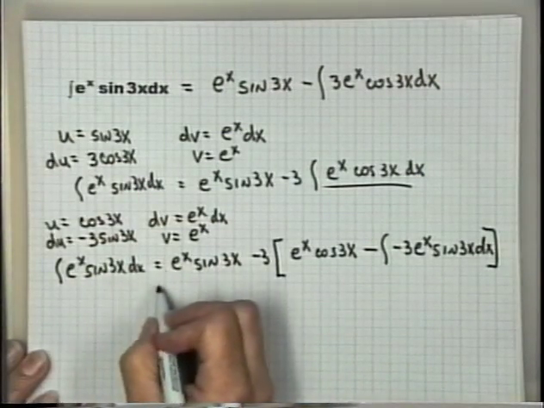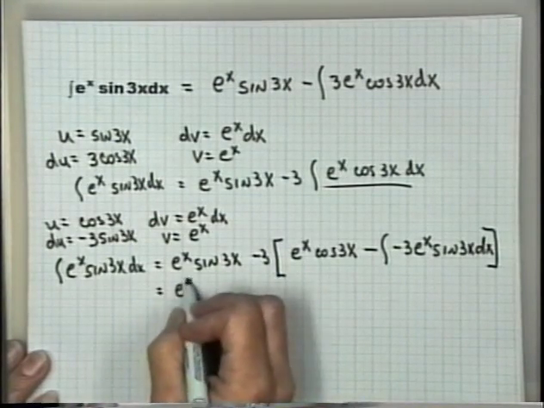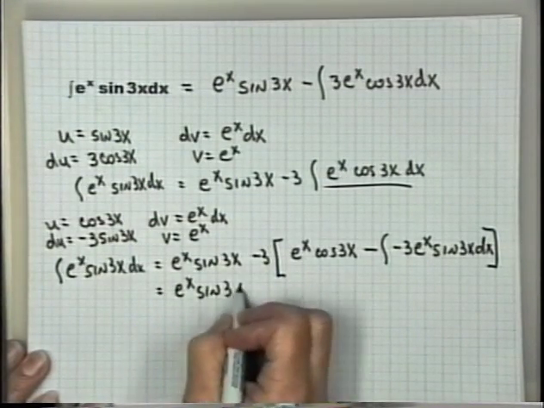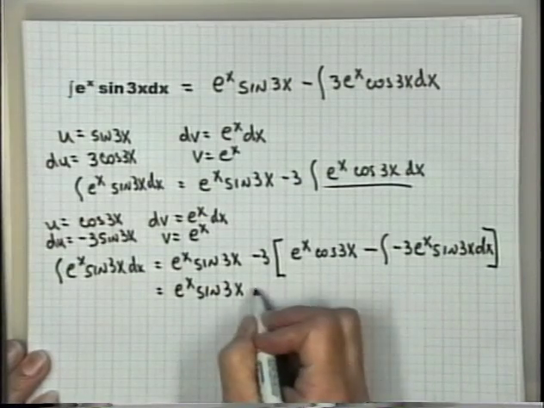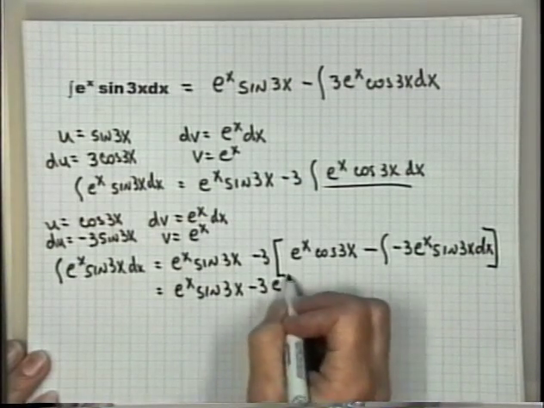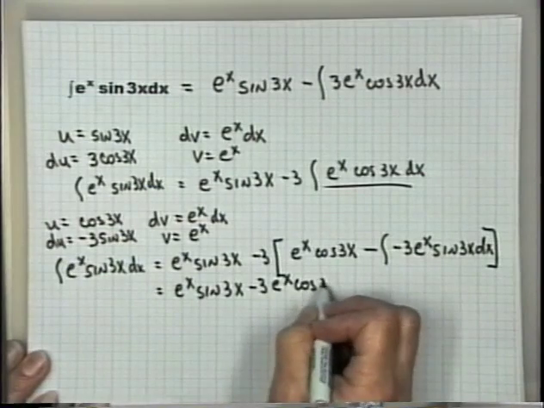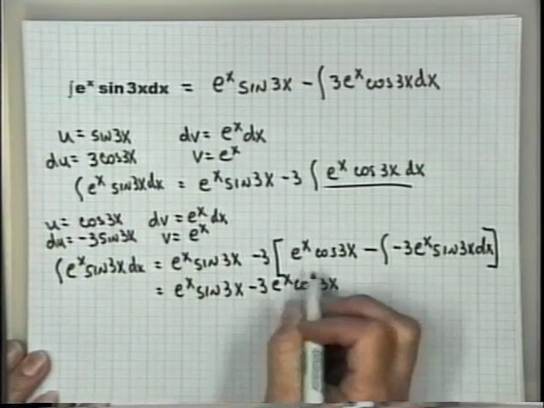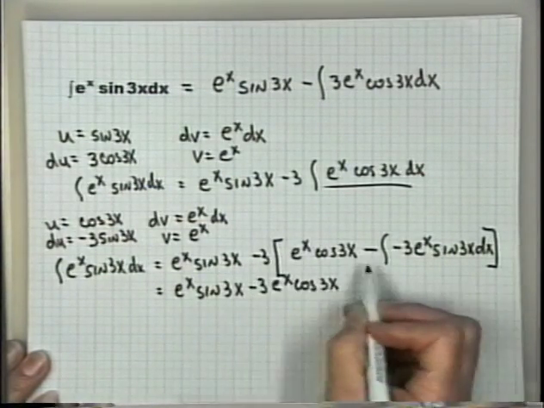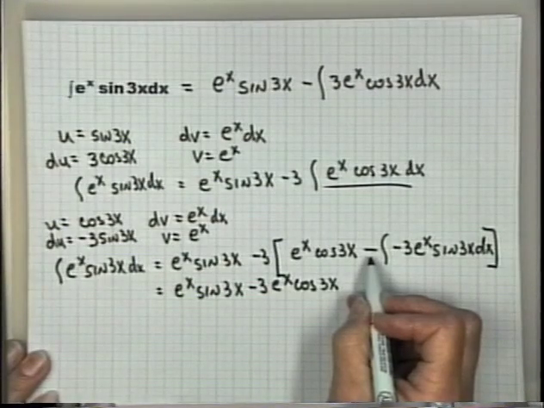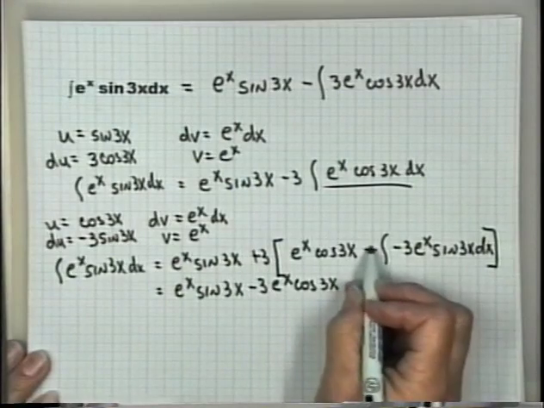Now let me leave that and just come right here. e to the x sine 3x. Distributing my negative 3, I have negative 3 e to the x cosine 3x. Notice the negative 3 times this negative would be a positive 3. Okay?